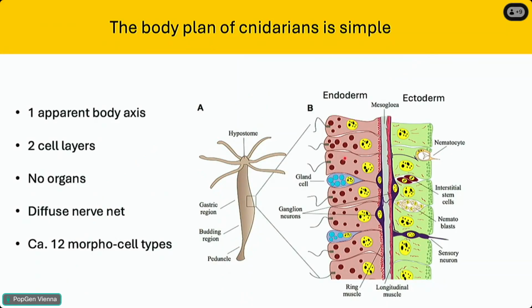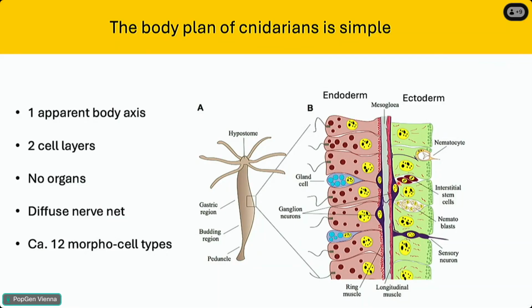It has no organs. It has a diffuse nervous system of neurons in both layers, and a number of other small cell types like neurons, gland cells and cnidocytes or nematocytes, as well as the interstitial stem cells, which give rise to these different cell types, actually all except for the epithelial cells.